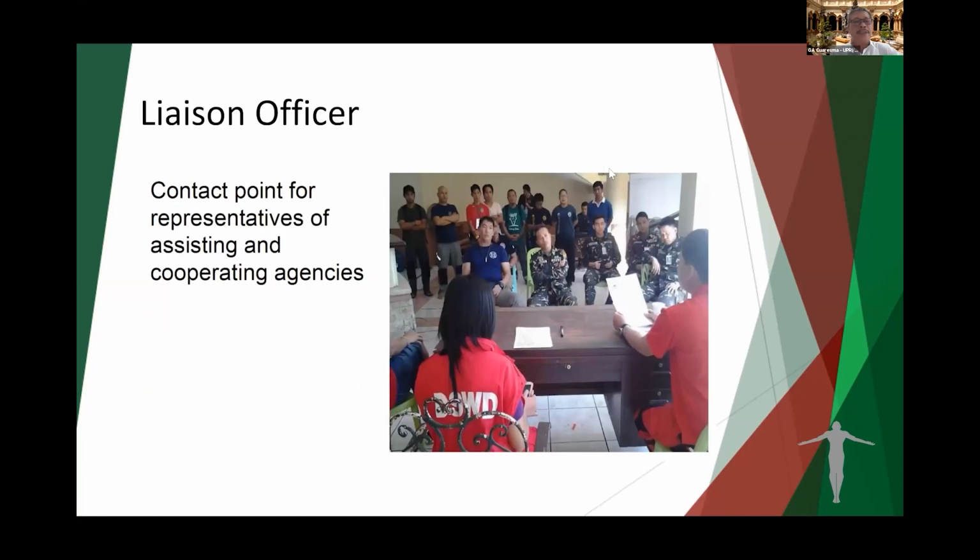The next is the liaison officer, and the liaison officer is the contact point for representatives of assisting and cooperating agencies. So, for instance, if there is a big fire on campus and the university cannot handle this fire, it is the liaison officer who will coordinate with the local BFP.